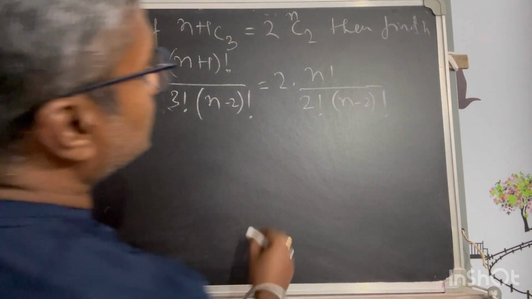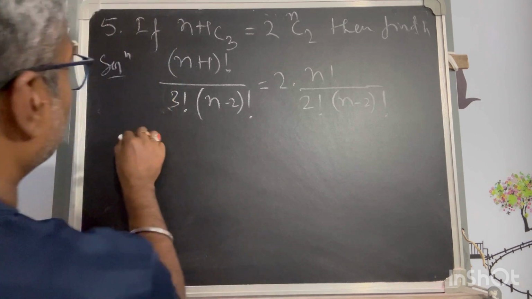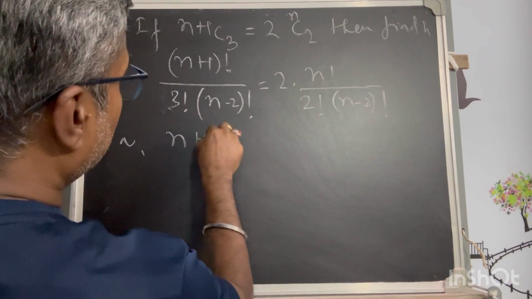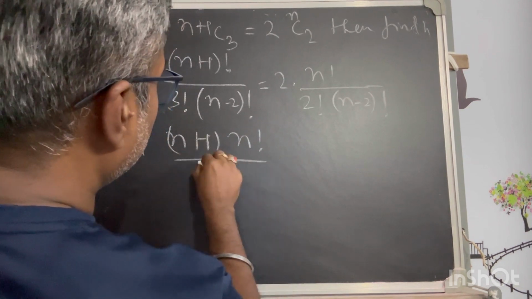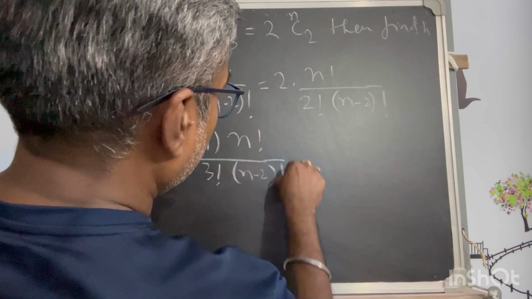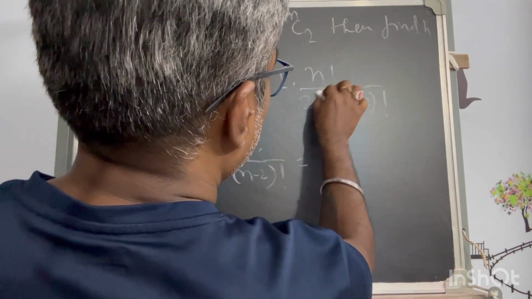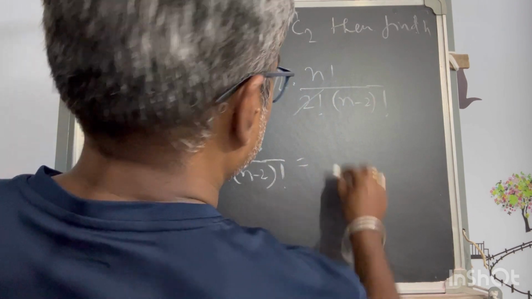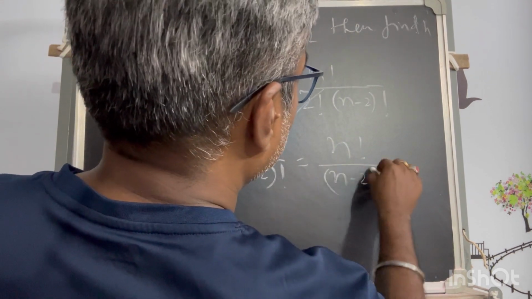Now we can assume that, okay, let me take one more ahead. So this will be factorial n, this will be 3 factorial (n-2) factorial, the 2 will be cancelled because factorial 2 and 2 are same.